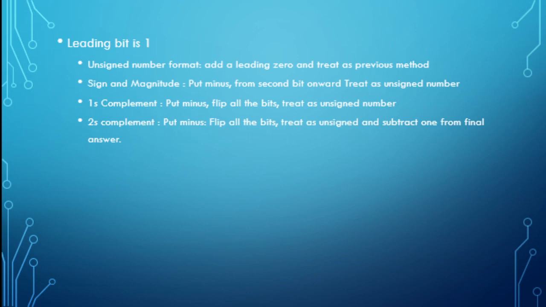If it was encoded using the ones complement, again you put a minus sign and then you flip all the bits and treat it as an unsigned number. If it is a two's complement number format, you put the minus sign, flip all the bits, but you add an extra 1 to your result to get the final answer.